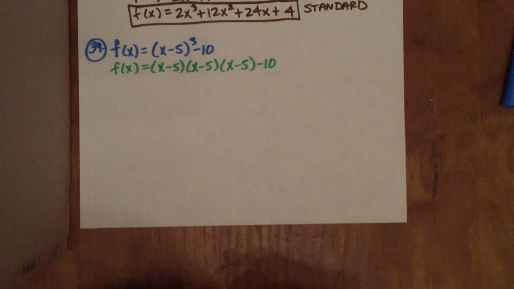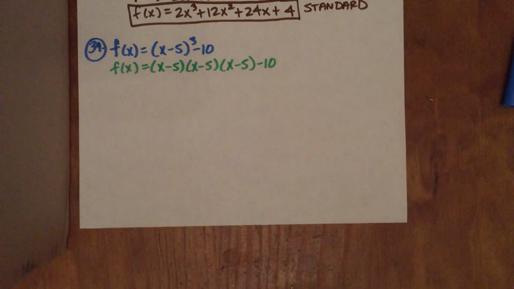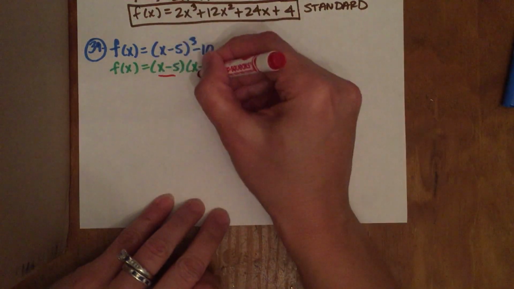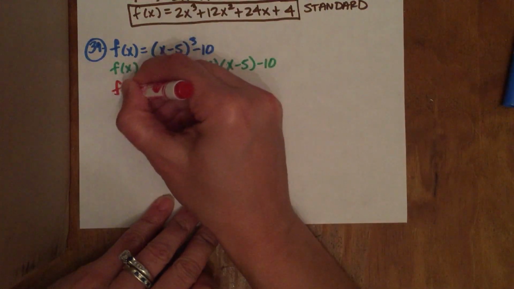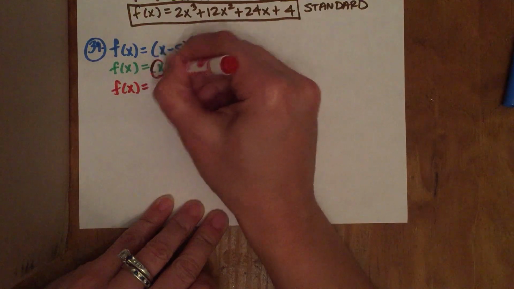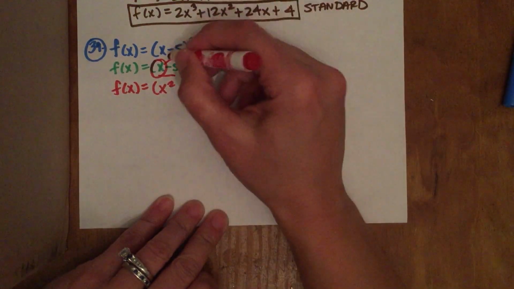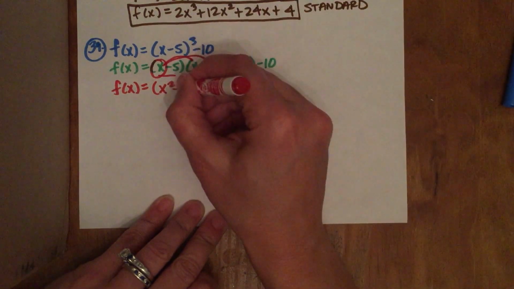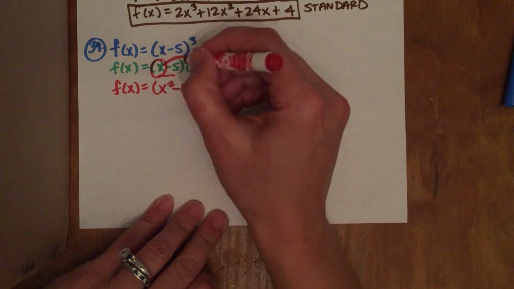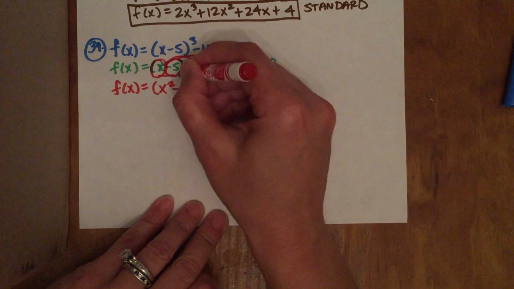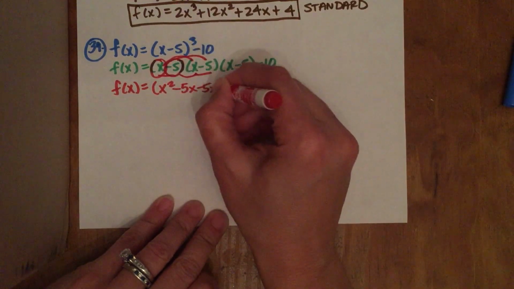So anyway, the first thing I'm going to do is my multiplication. I'm going to do these two factors. So let's begin. I have x, so x times x is x squared. X times negative 5 is negative 5x. And then let's do negative 5. Negative 5 times x is negative 5x.